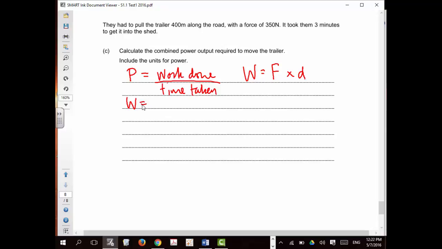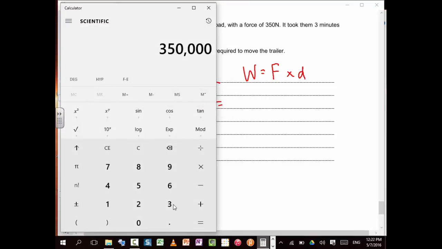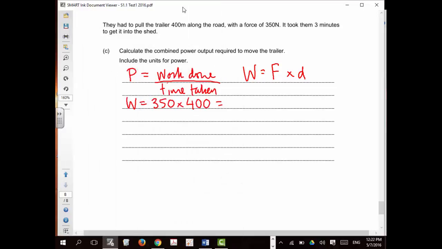So the work is going to be equal to the force, which is 350, times the distance moved, which was 400. We can use our calculator to do that. That's 350 times 400, 140,000. Work is measured in joules.